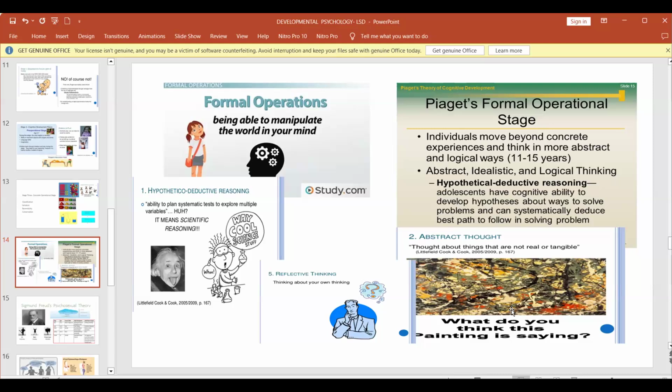So we have the blueprint. The blueprint makes you ready for that. Once the readiness is there, you get them to engage in subsequent learning. Otherwise, learning will become a traumatic experience. So those are the teacher insights, educational implications of Piaget's theory of cognitive development.